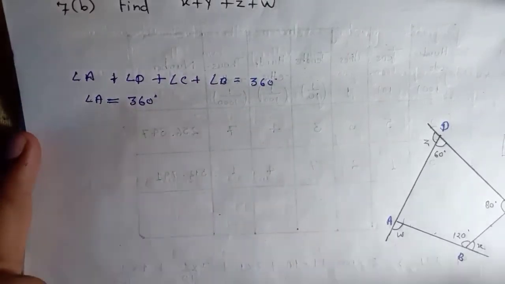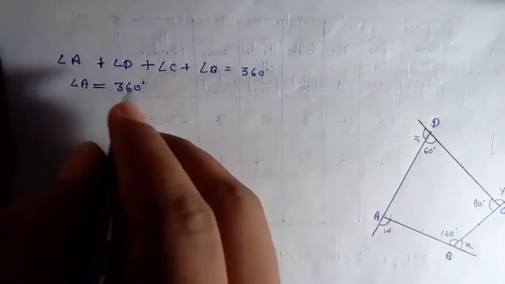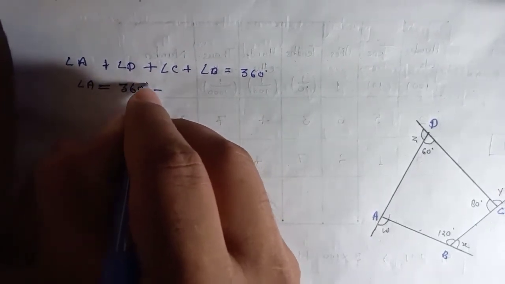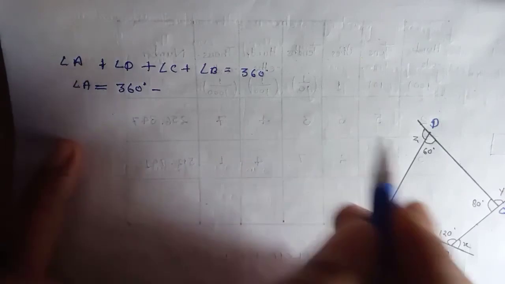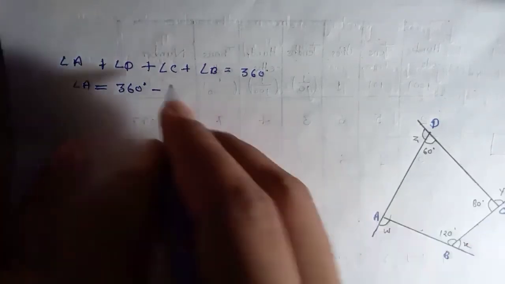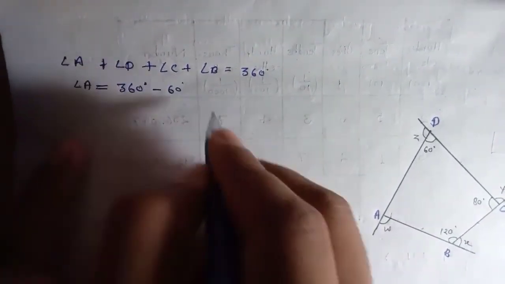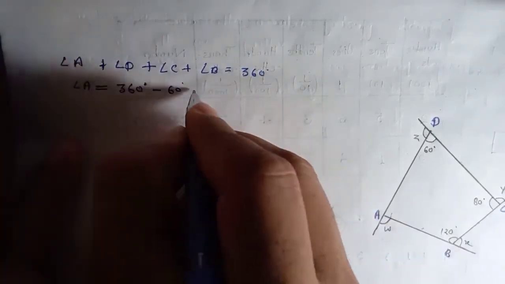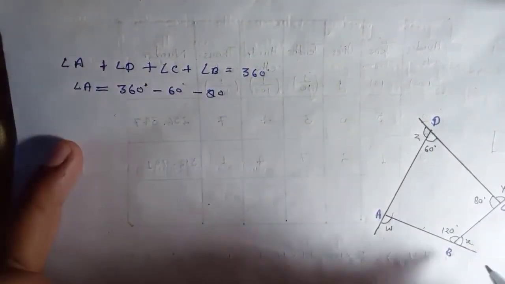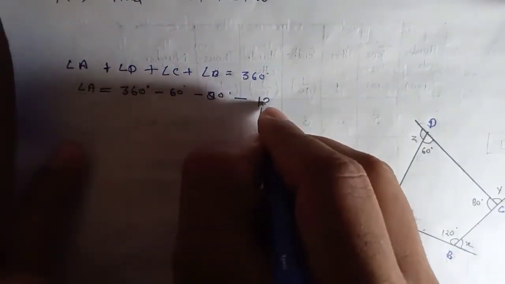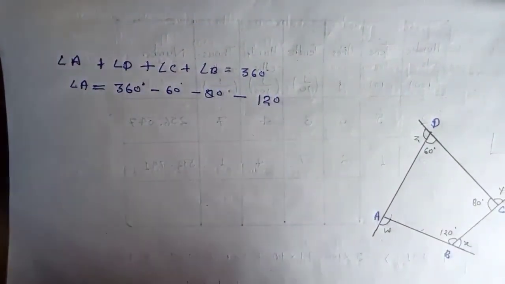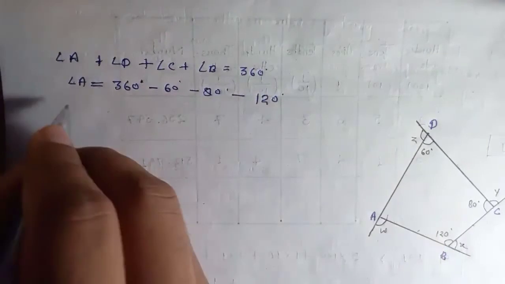I have fewer pages here, so I'm going to make it brief. 360 minus angle D, which is equal to 60 degrees, angle C, which is equal to 80 degrees, and angle B, which is equal to 120 degrees.